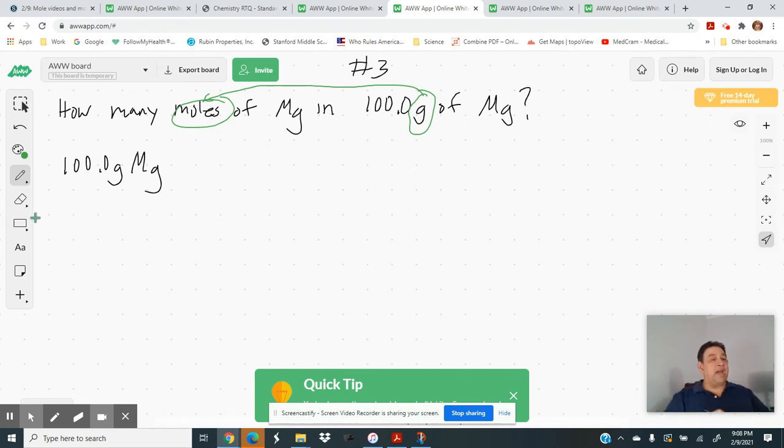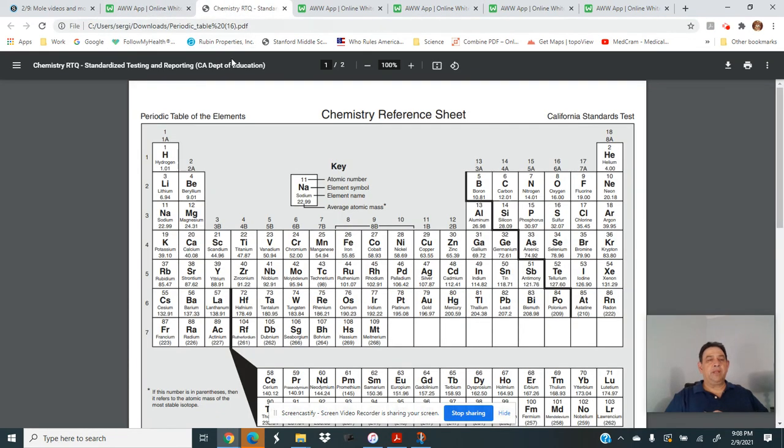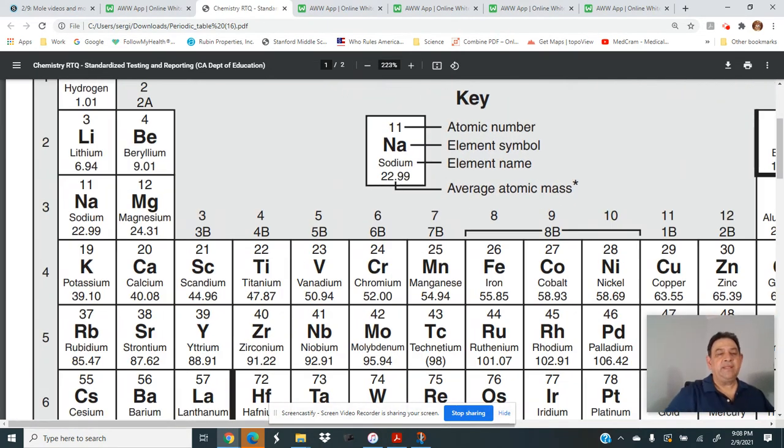Okay. Now, if we look at the periodic table, let's go ahead and look at the periodic table. We're going to look up magnesium, and we're going to look up the atomic mass. Okay, if we go to the periodic table, and I'm going to go ahead and make this bigger. Magnesium's atomic mass, as you can see over here, is 24.31. And remember what that means.